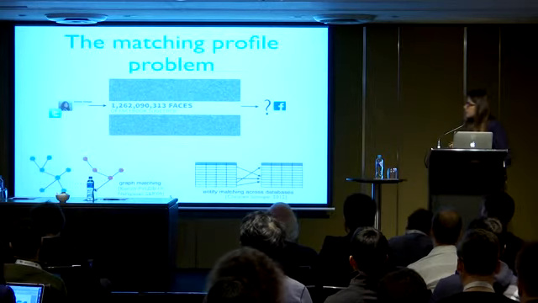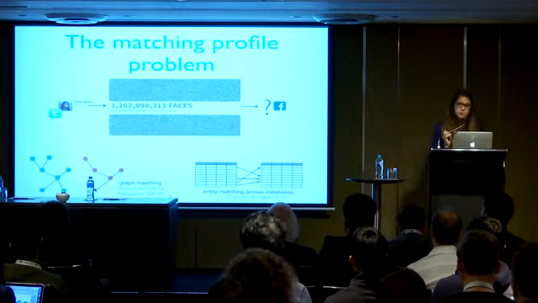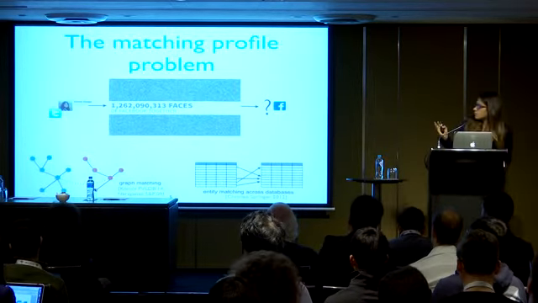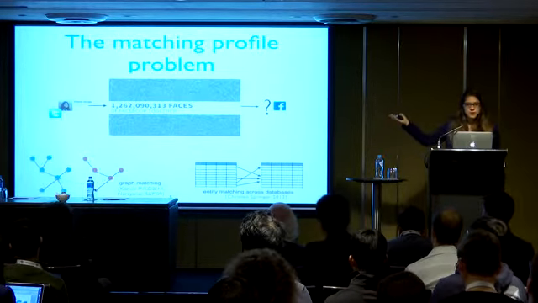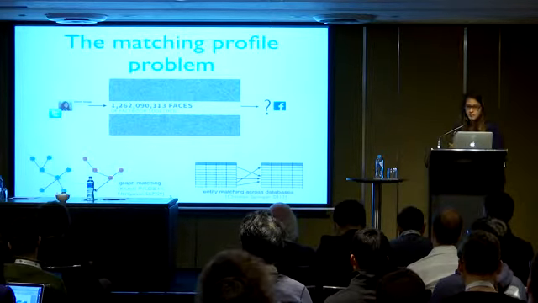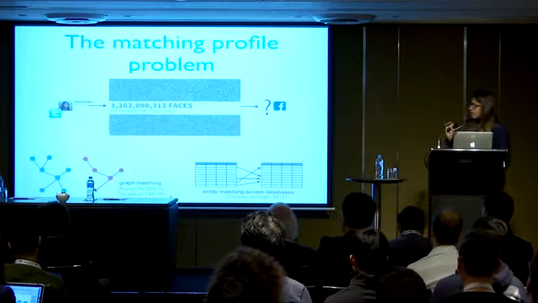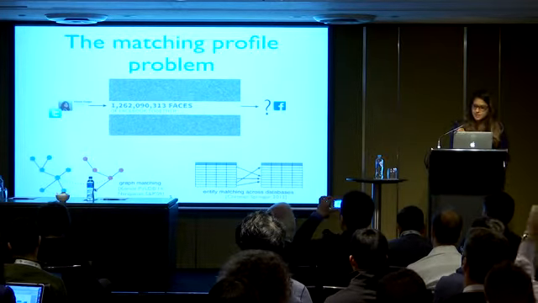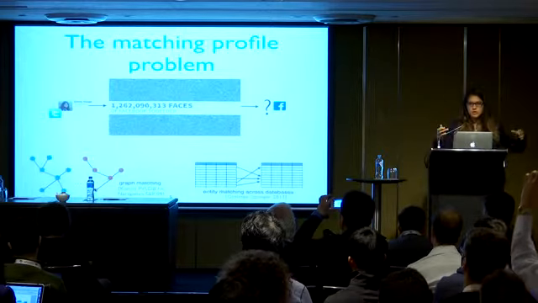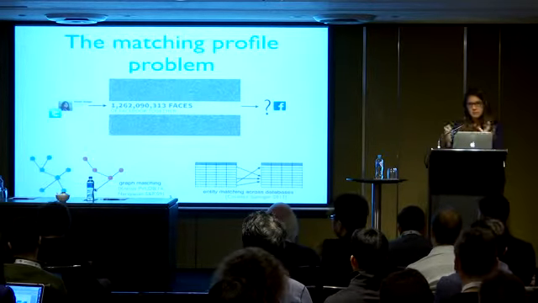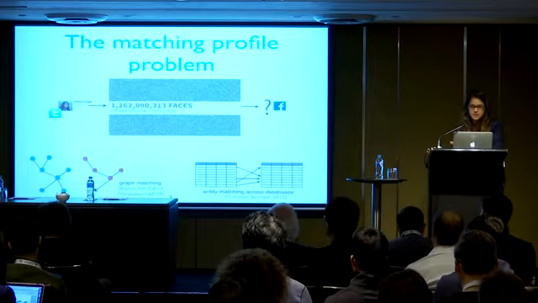So before I dive into the methodology, here's the more precise definition of our matching problem. Given one account in one social network, for example Twitter, find a matching account in another social network, for example Facebook. And I just want to point out that this is slightly different from the problem of matching two graphs or the problem of entity matching that have been well studied in the data mining community.